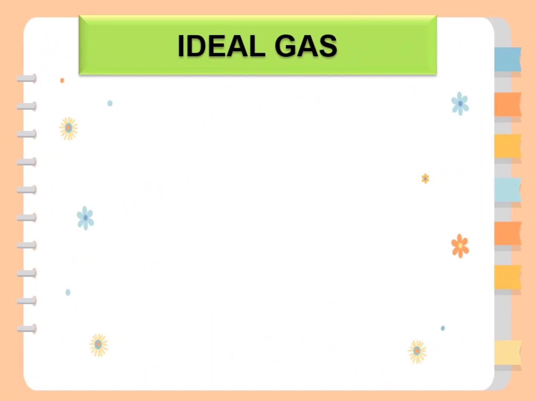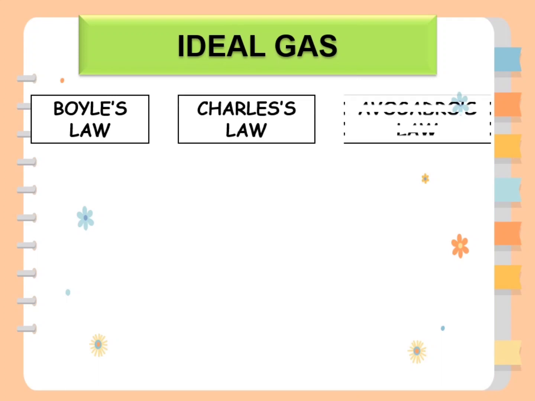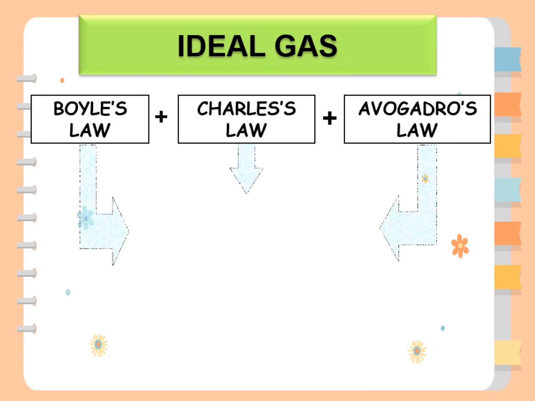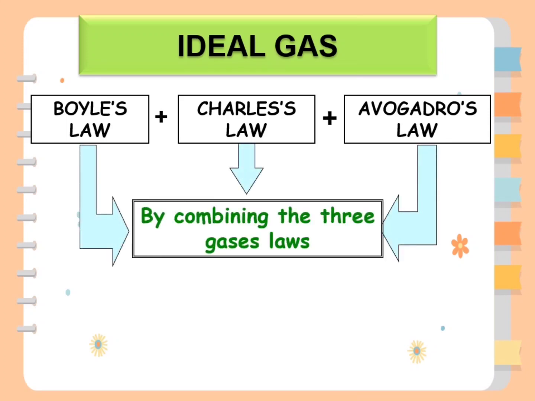Okay, so apa itu ideal gas? Macam mana formula ideal gas? Okay, so ideal gas relates with these three gas laws. By combining these three gas laws, we can predict the ideal gas equation. How?